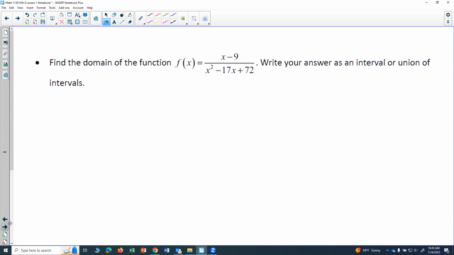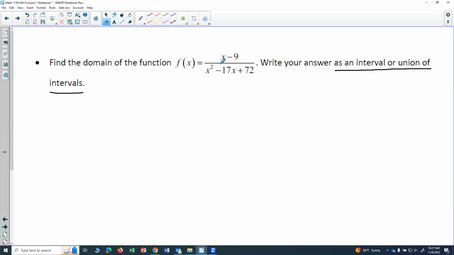We want to find the domain of the function f of x equals x minus 9 over x squared minus 17x plus 72, and write your answer as an interval or union of intervals. Now, this is often the part that people have problems with.